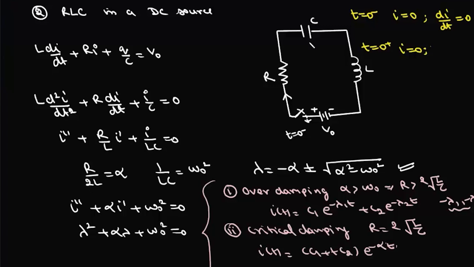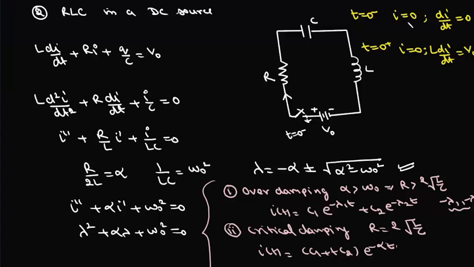Since there is no charge, there is no voltage across the capacitor or resistor, so all the voltage will go across this inductor. So we'll have L di/dt equal to V naught, which is similar to the previous case.